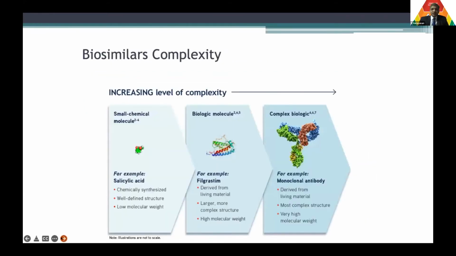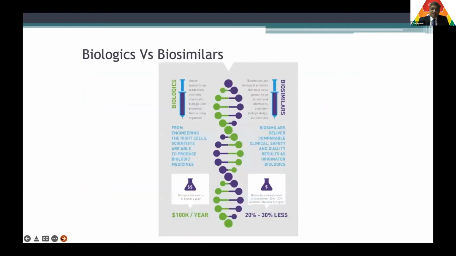So here, for example, on the left-hand side, I've mentioned the small molecules, where you have the generics. But when you come to the complex biologics like monoclonal antibodies, this is where we call them biosimilars, that they are very similar, especially in clinical efficacy and safety, but it is almost impossible to get an exact molecule.